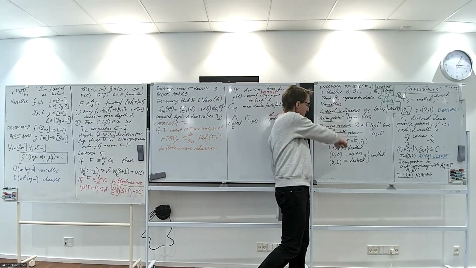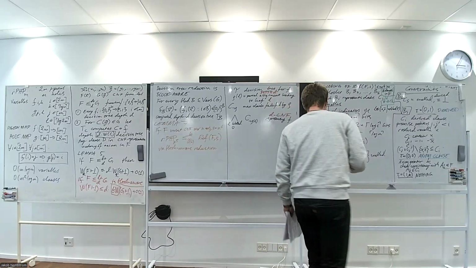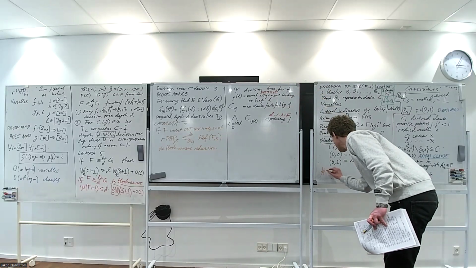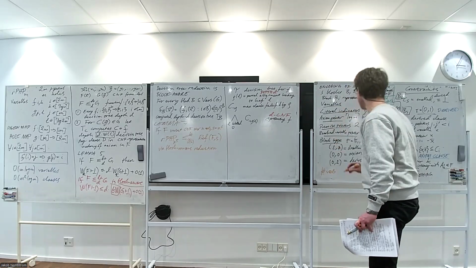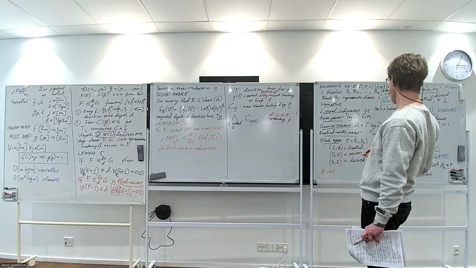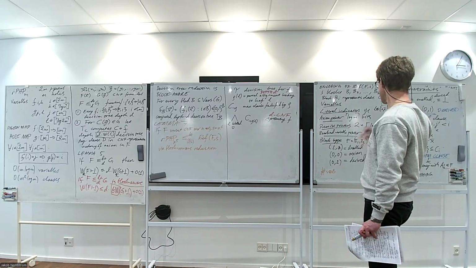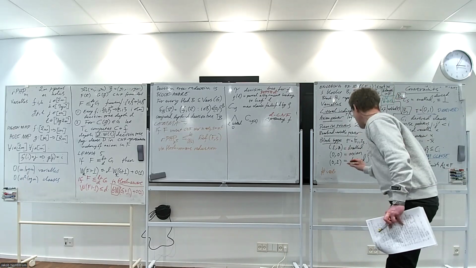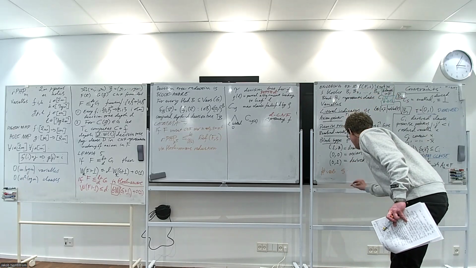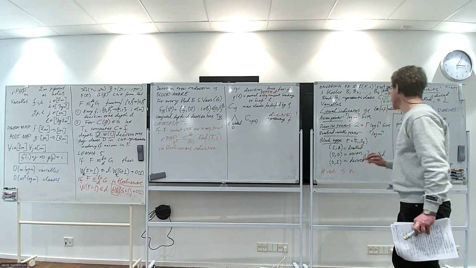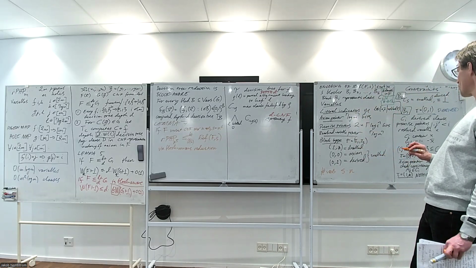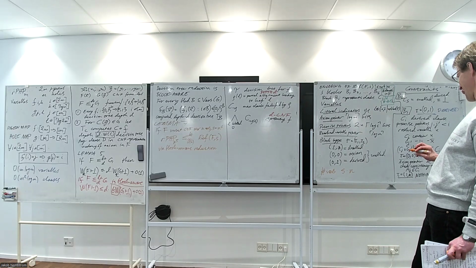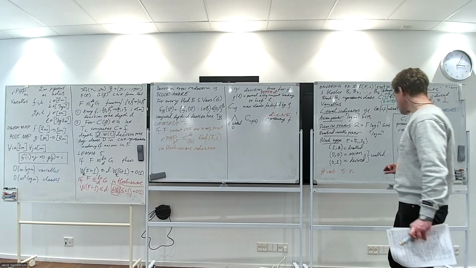Then we should look at this encoding, and I claim that the number of variables here is essentially, what is it? I think it's something like S times n. We maybe pick up a log also.